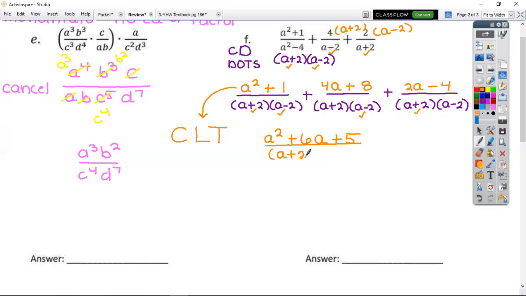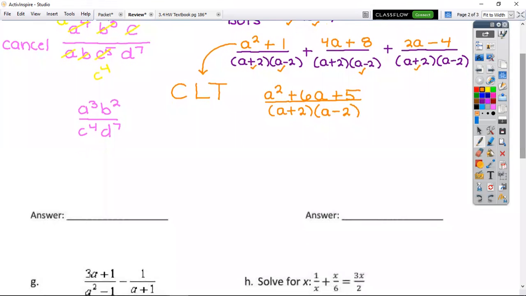Prior to canceling, you need to check if any of these expressions factor further. So is there anything I can do with that numerator? Yeah, exactly. She's right. I gotta do it. If it helps, great. If not, you just leave it. Now I'm going to factor trinomial method. This one's your try.